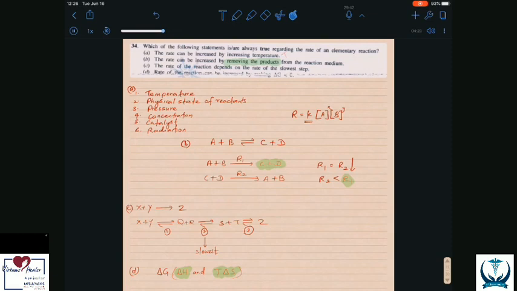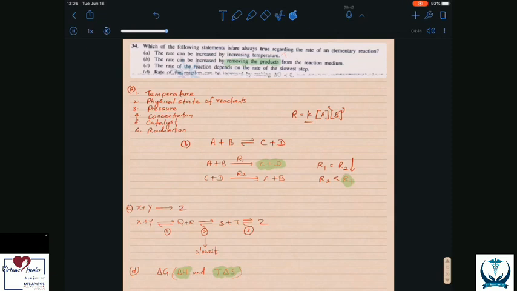The statement C is about the rate limiting step. The rate limiting step in a series of reactions consisting of elementary reactions is determined by the slowest elementary reaction. If it is hard for you to understand that, imagine a production line.